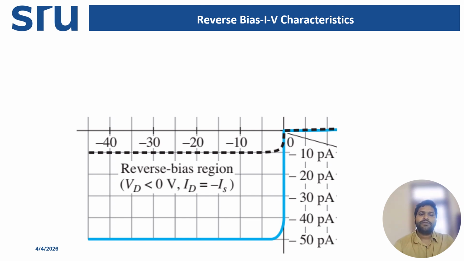So that is basically reverse bias. In practical importance, these are used in voltage regulators, protection of circuits, photodiodes, and rectifiers, and Zener diodes are especially designed to operate safely in the breakdown region.